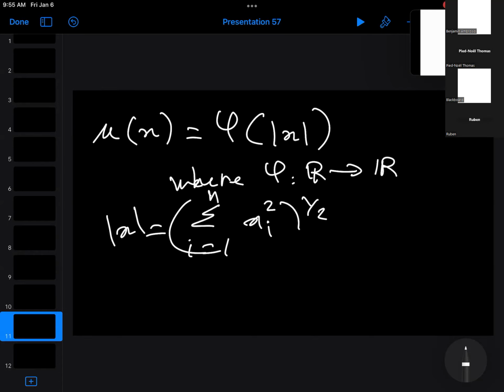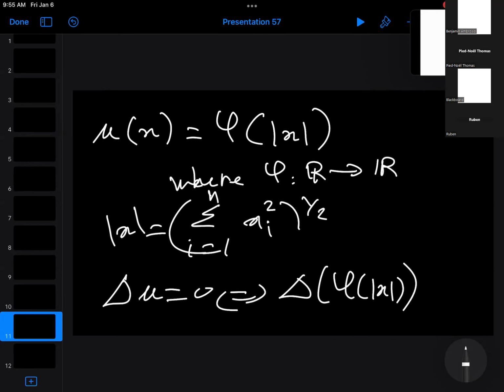So I want Laplacian u equals 0, which means the Laplacian of phi of the norm of x equals 0.